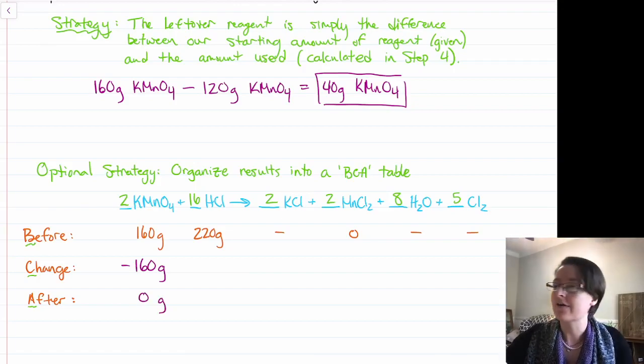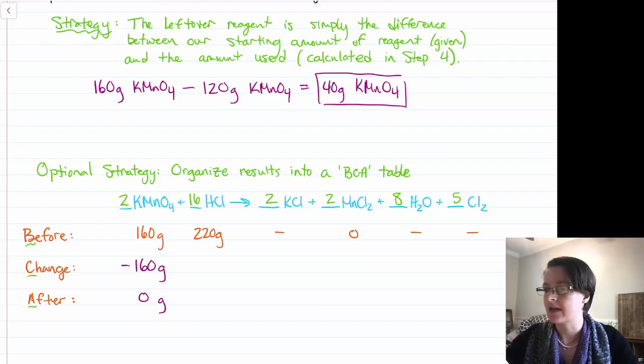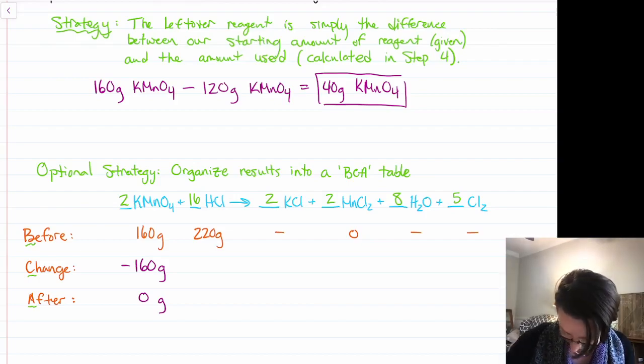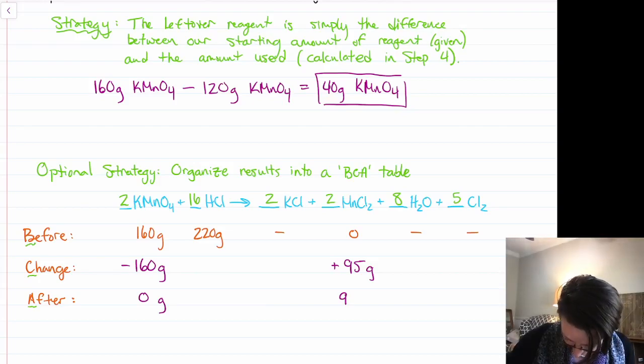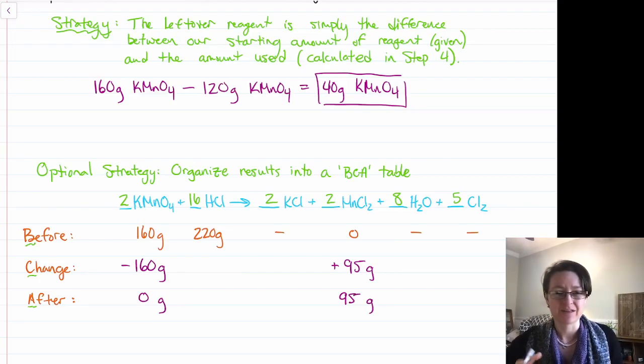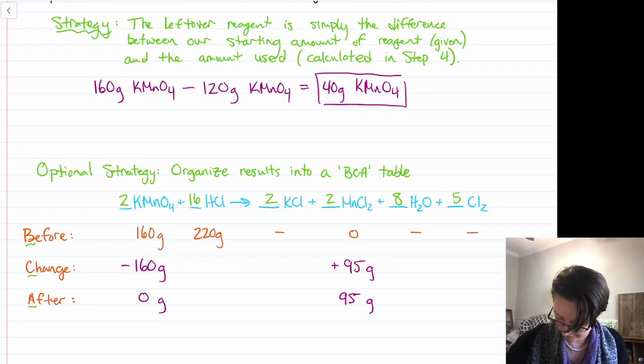Similarly, we calculated in step 3 how much of our manganese 2 chloride was formed. That amount is going to be positive, because we're forming this, 95 grams of manganese 2 chloride, which means that at the end of the reaction, we add these two numbers together and we get that now there's 95 grams of our leftover product.